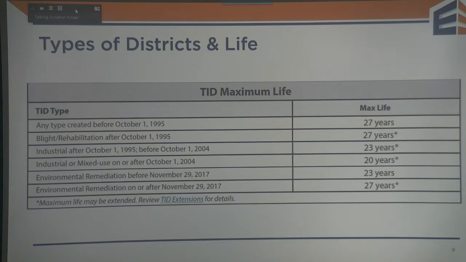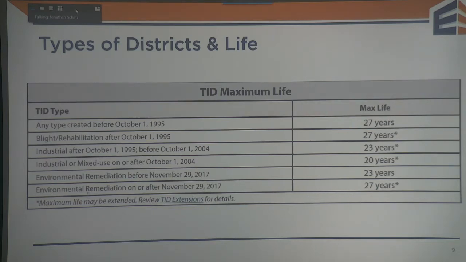When you're looking at a site, is it going to be used for industrial development, or for mixed use, which has commercial, industrial, or residential components? Is it blight rehab? Is there a finding related to the current use of the area that Dawn's going to talk about in the next slide?